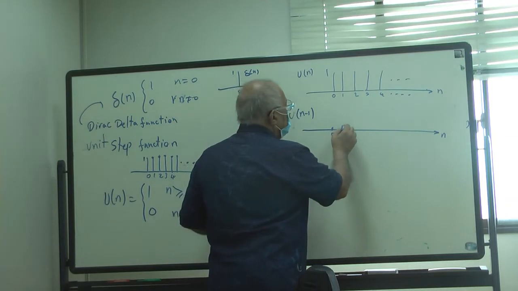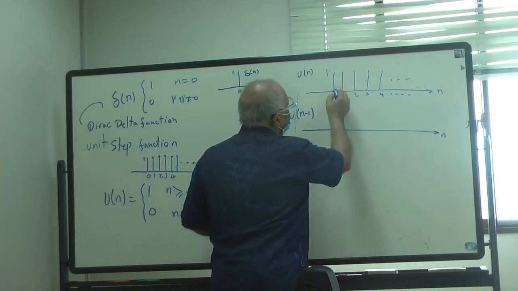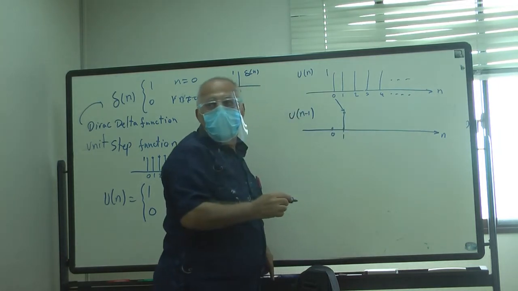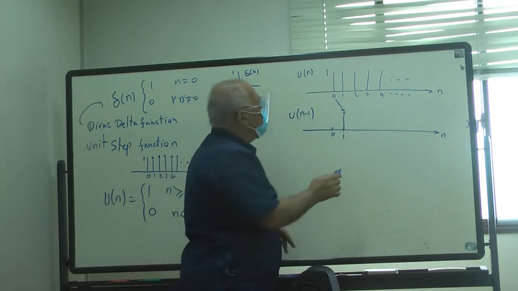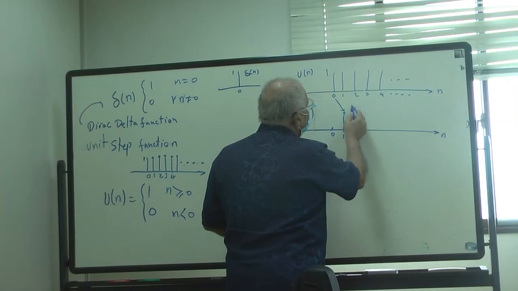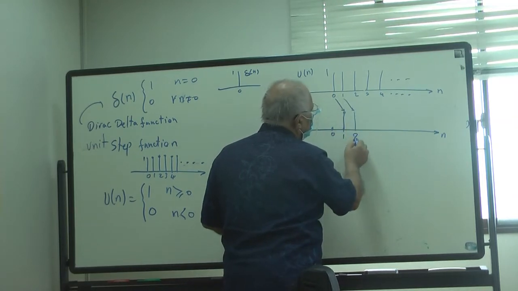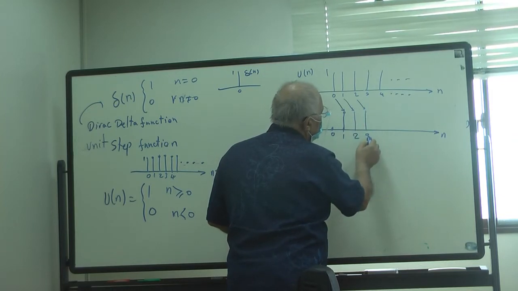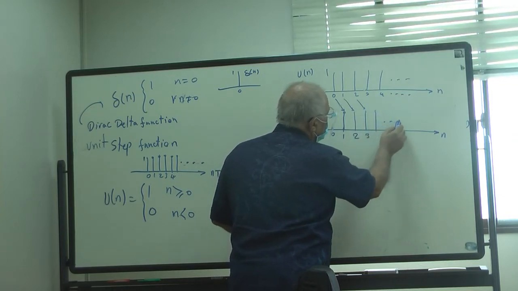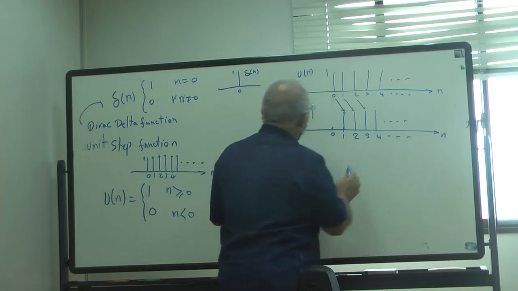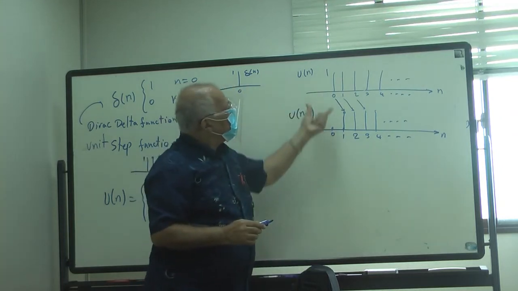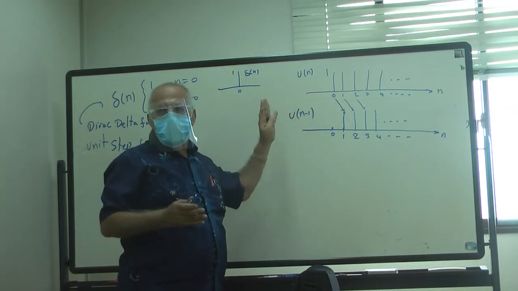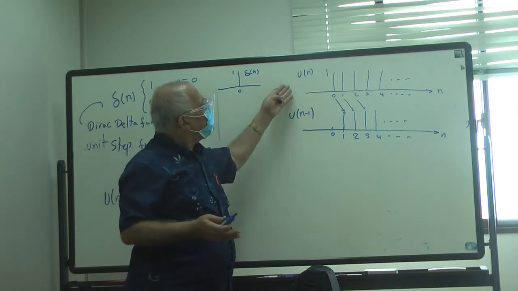So it means that this came here, shifted to the right, and so on. So this and this is one signal. This is only for one simple example, the step function.